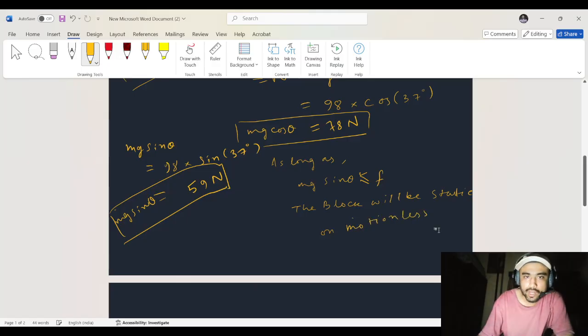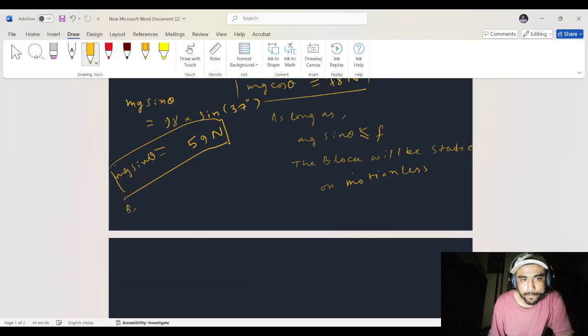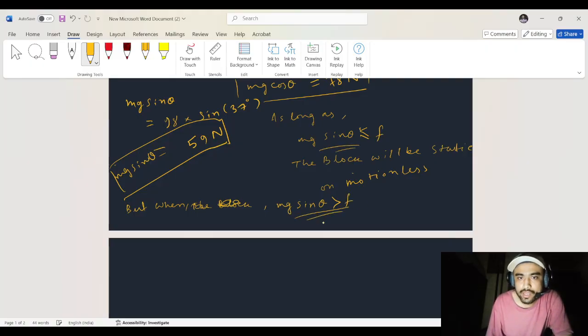But when mg sin theta is greater than the frictional force F, then the block will start to slide down or move.